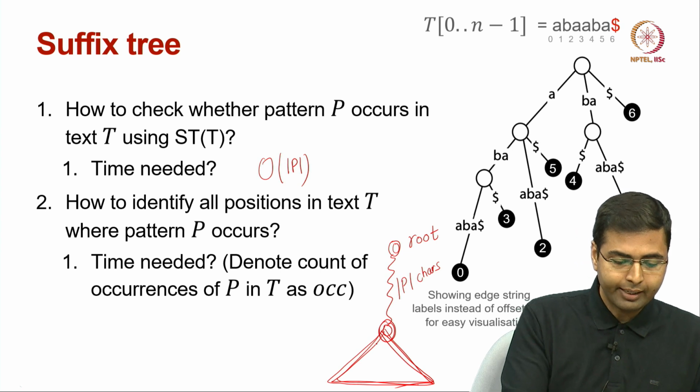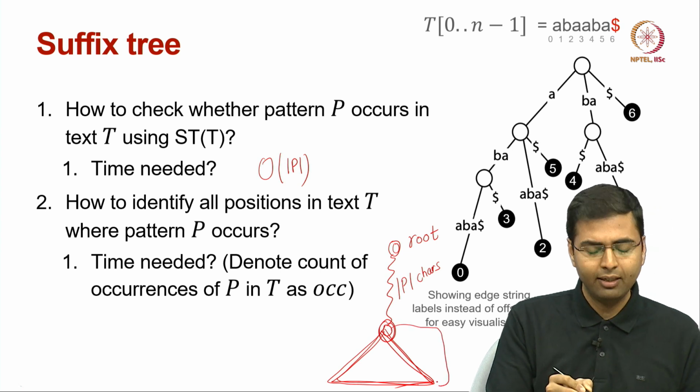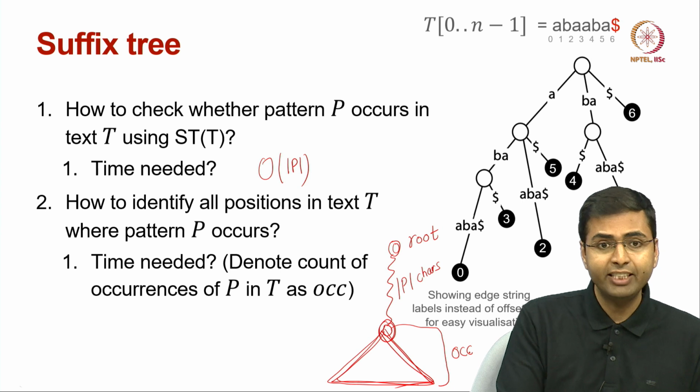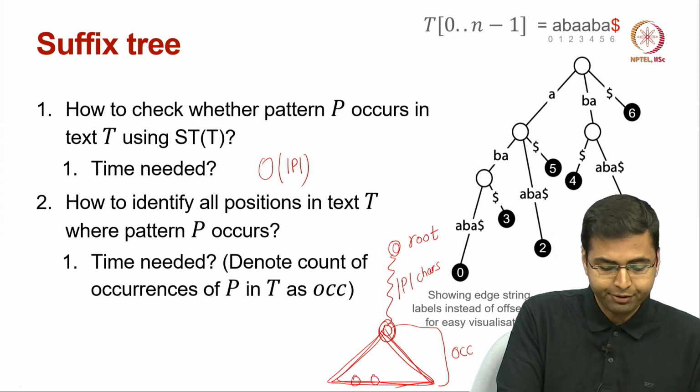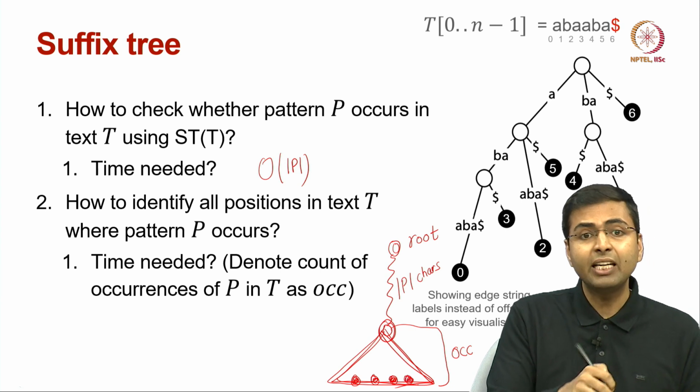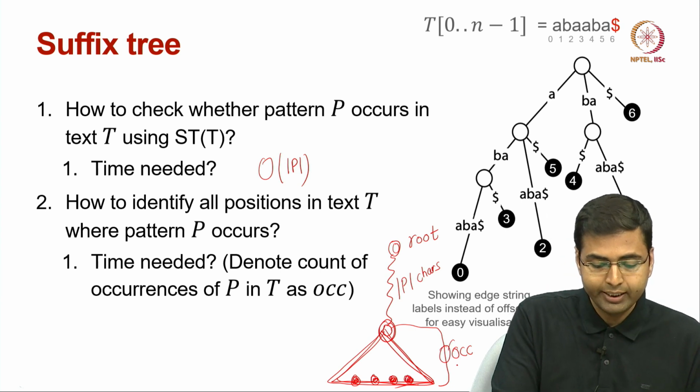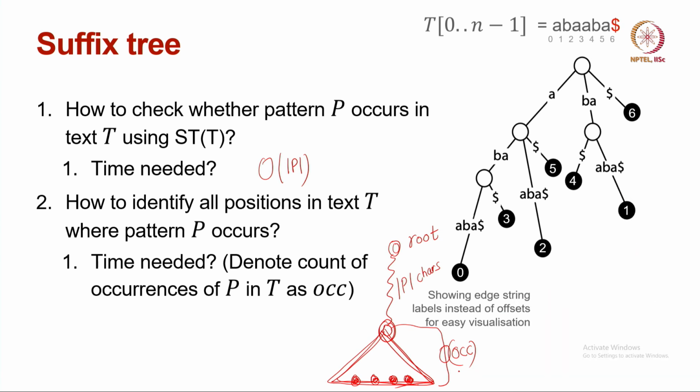So the time I spend to do this traversal is order OCC, where OCC is the number of leaves in this subtree, because the size of the subtree is linear in terms of the leaf nodes. So if I want to report the occurrences as well, this is solvable in order P plus OCC time, where the OCC time comes from the linear time traversal of the subtree at the node where the search ends.